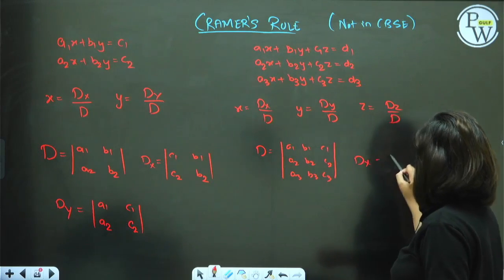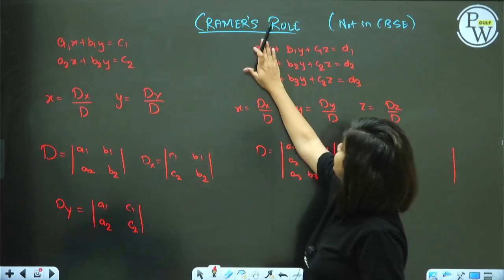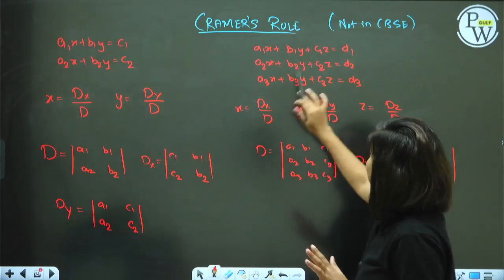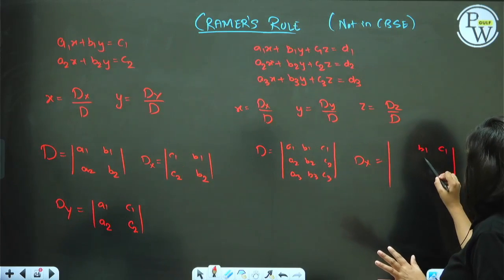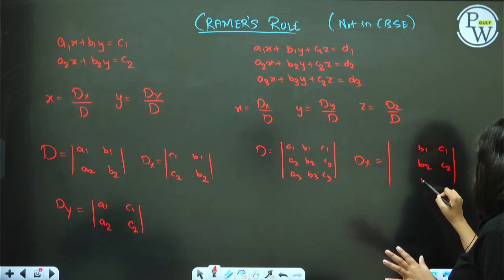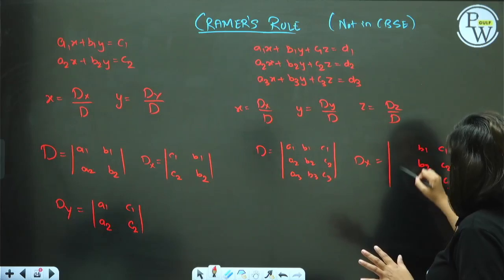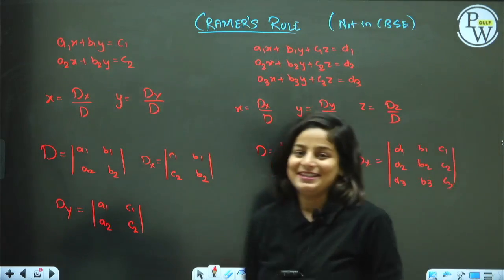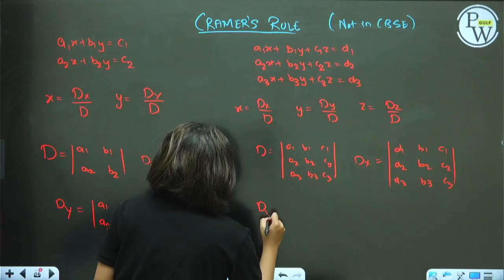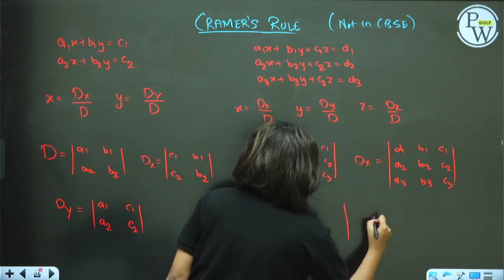For finding Dx, what is Dx? You will hide the coefficients of x and write everything else: b1 c1, b2 c2, b3 c3. In place of x, the constants d1 d2 d3 come. Now you have got an idea. Try writing for Dy and Dz.